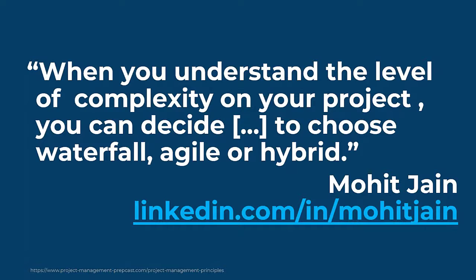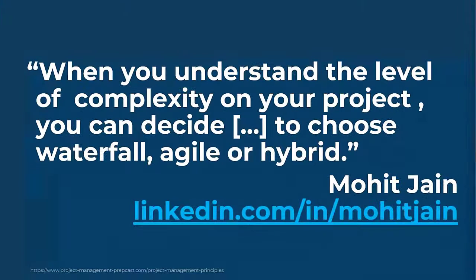And when you understand the level of complexity on your project, you can then decide on the proper project management methodology and make the decision whether to choose waterfall, agile, or hybrid. So knowing the complexity, understanding the complexity means you can then decide, what is the type of contract we're using? What is the type of methodology, the delivery approach that we are choosing?